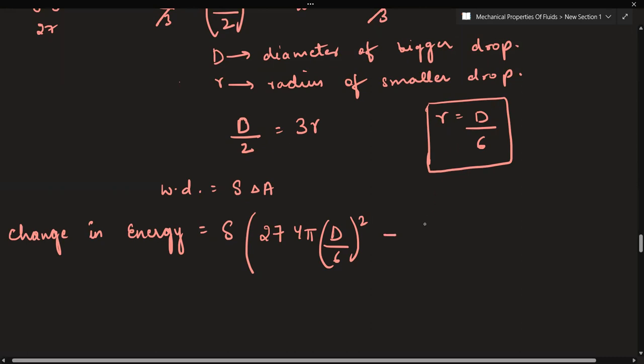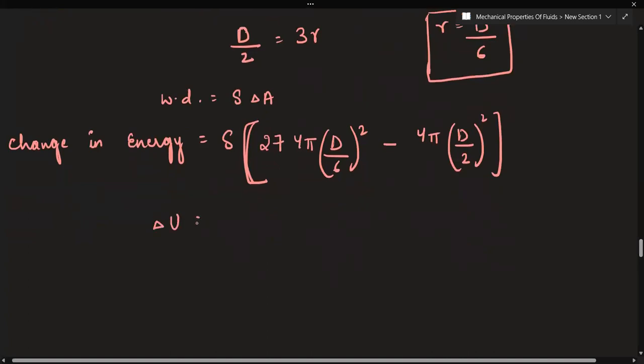Minus the surface area of the bigger drop, 4 pi, d by 2 whole square. This is the work done formula: 27 times the surface area of the smaller sphere minus the surface area of the bigger sphere. Is this clear? Yes, ma'am.